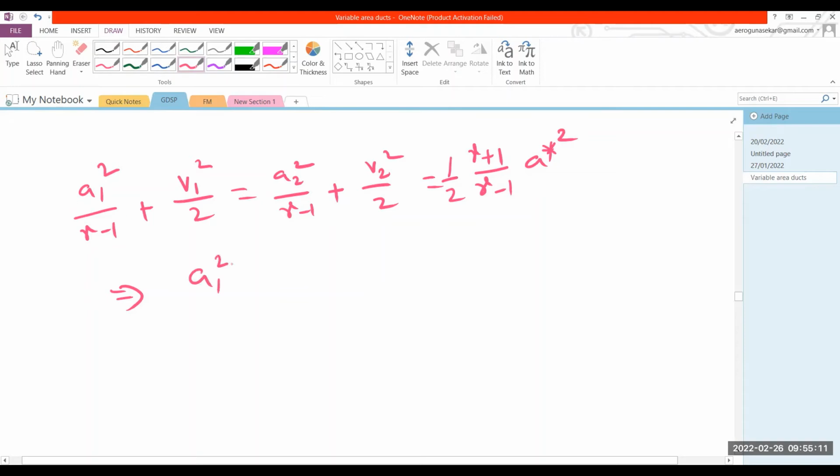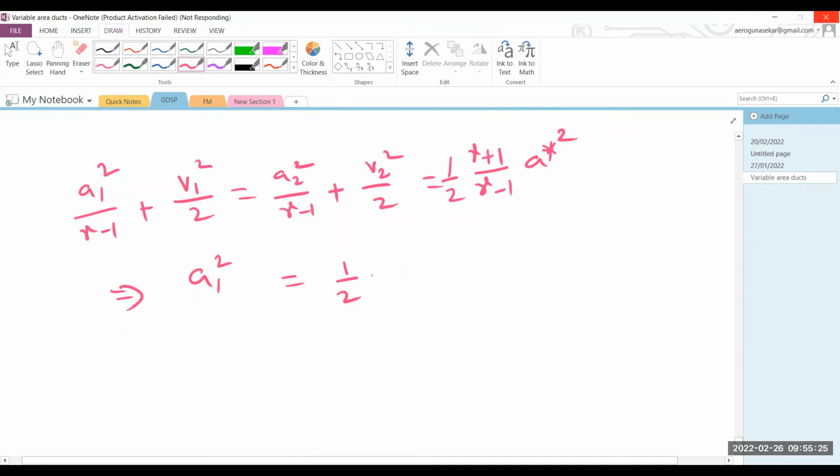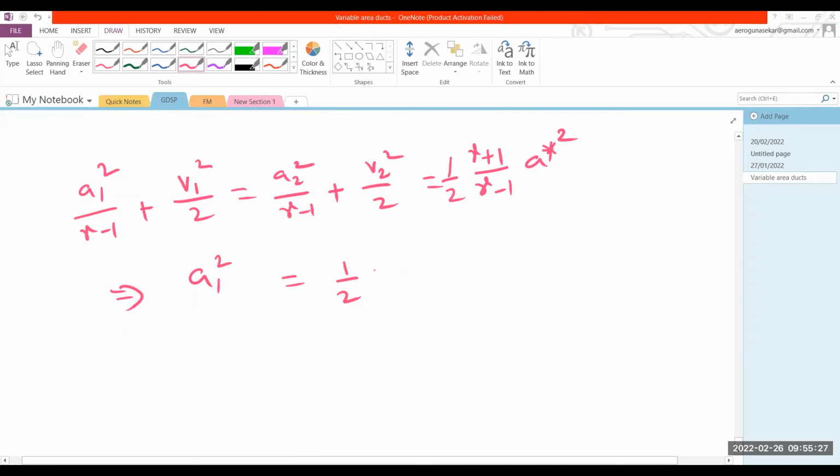So I am writing A1 square equal to 1 by 2 into gamma plus 1 into A star square, minus gamma minus 1 by 2 into V1 square.